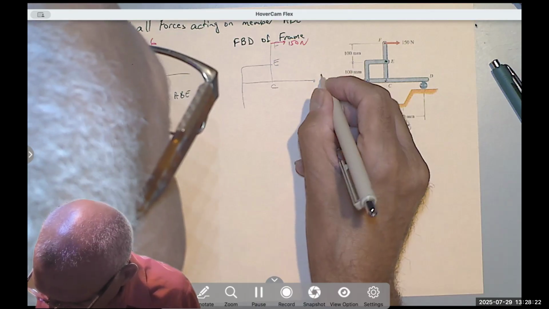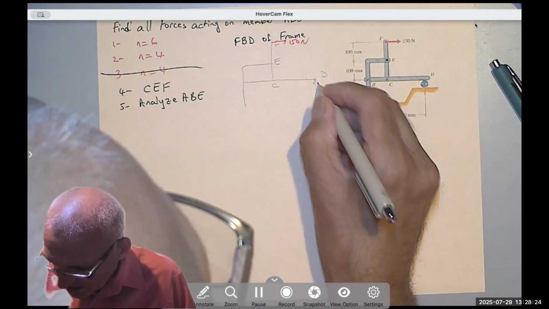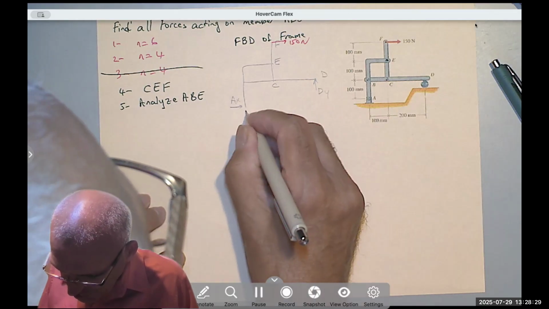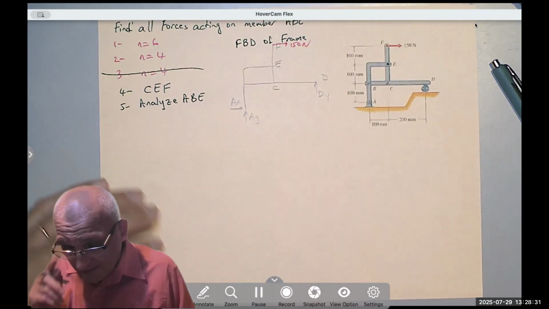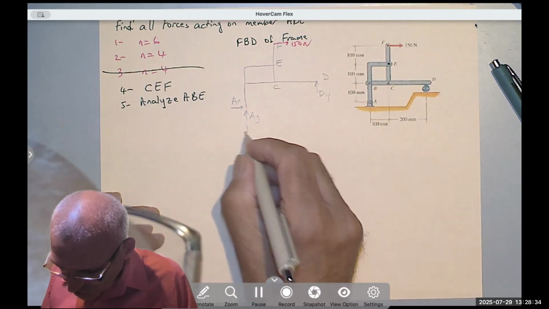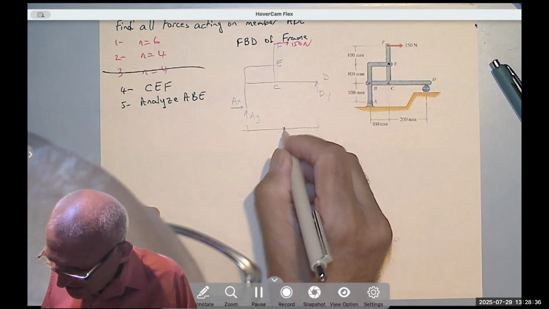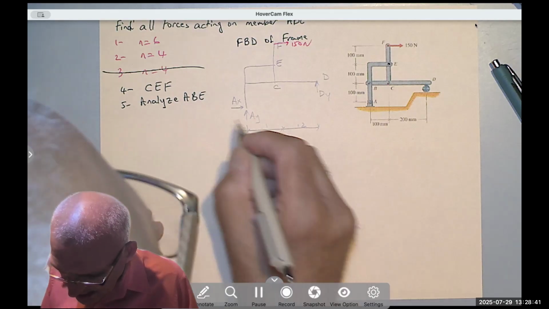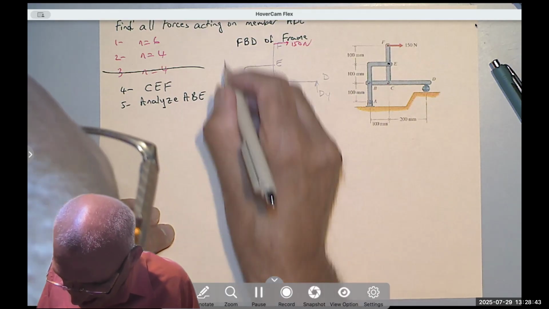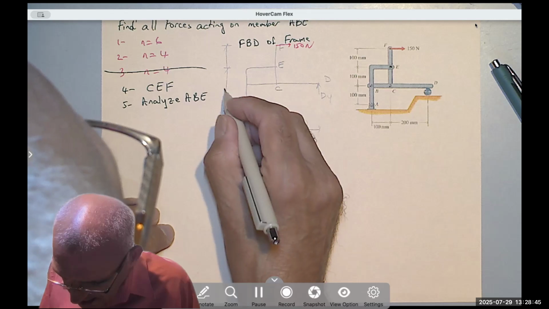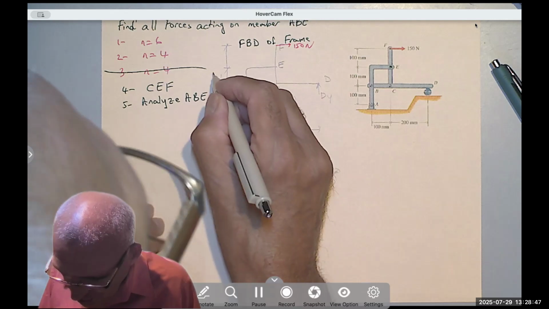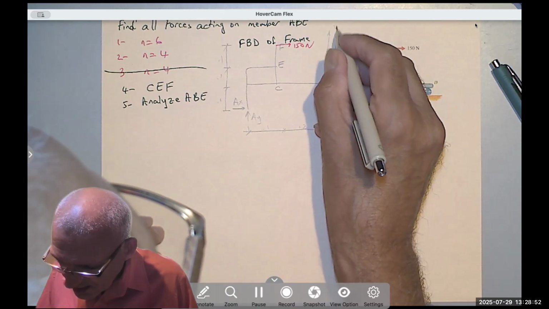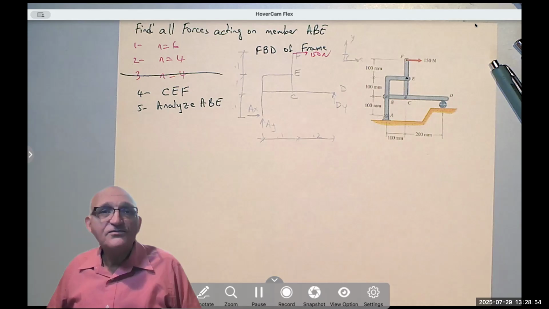At D, there is a roller, so DY. I have AX and AY. I assume they are positive, but I know better, okay? I also have to show the dimensions, 100 millimeters. So let's say 0.1 meter and 0.2 meters. And then the height here, 0.1, 0.1, 0.1. X, Y. So quickly, I drew the free body diagram.